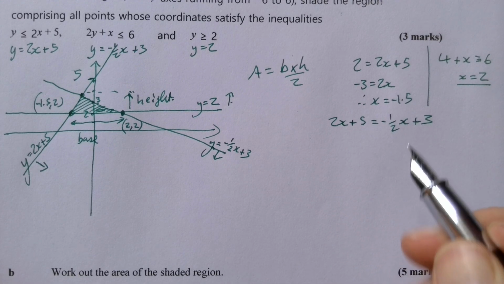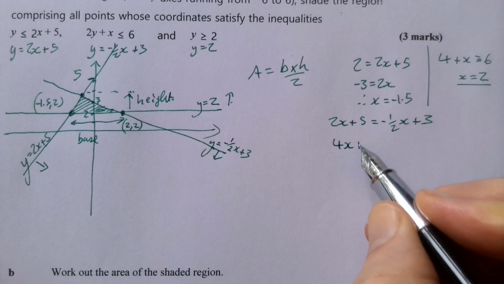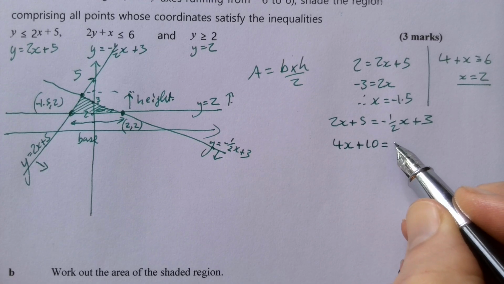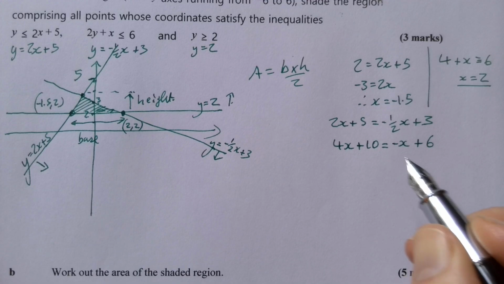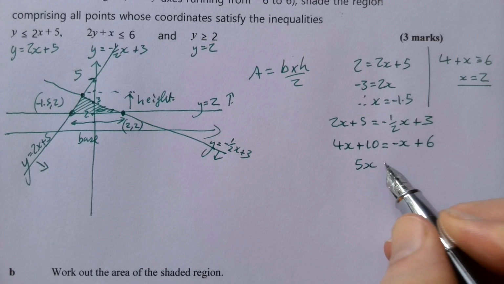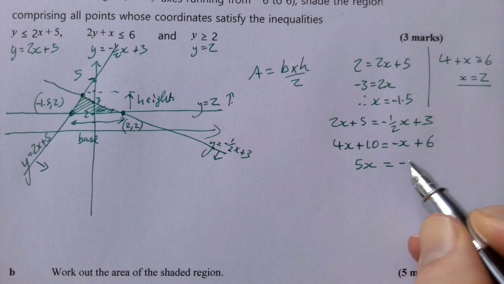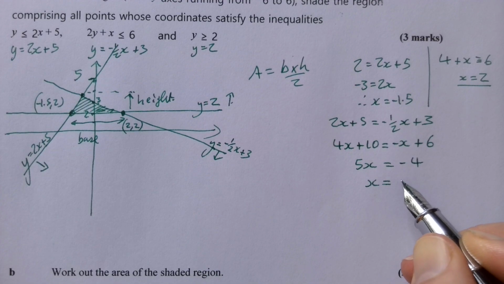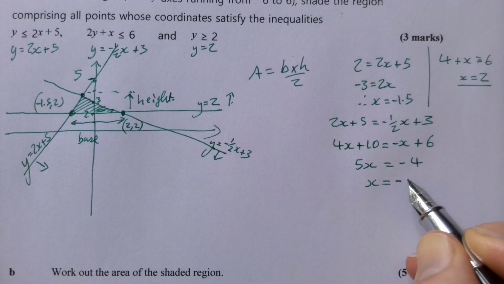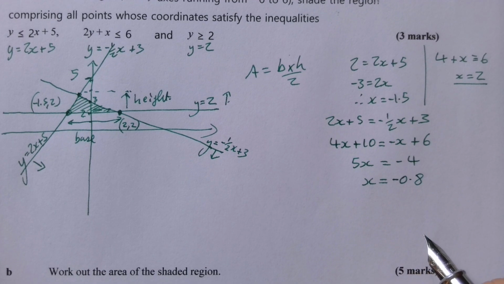Let's get rid of the fraction by multiplying everything by 2 first of all. 4x plus 10 equals negative x plus 6. Then if I add x to both sides I get 5x. If I take 10 from both sides I get negative 4. X is equal to negative 4 divided by 5, which is negative 4/5 or negative 0.8.